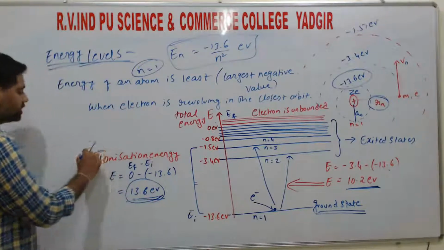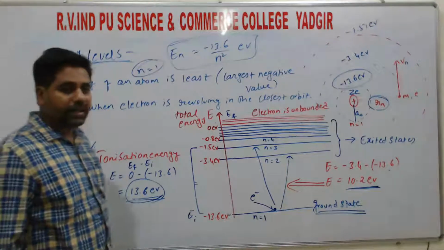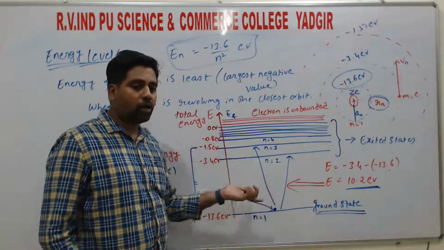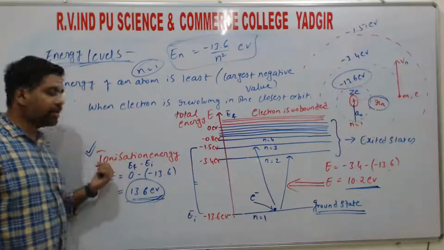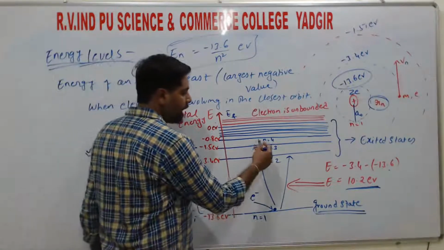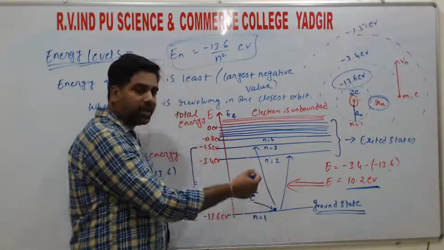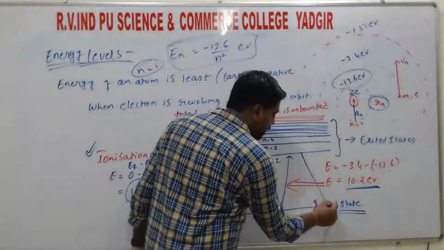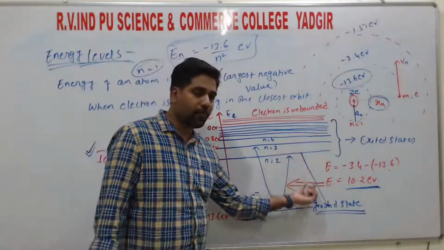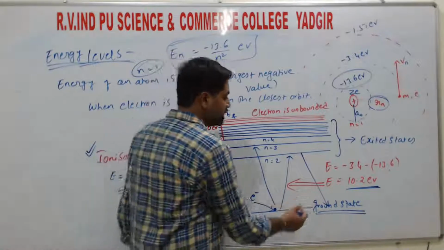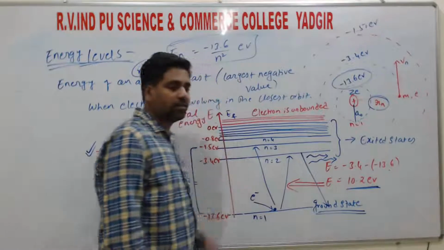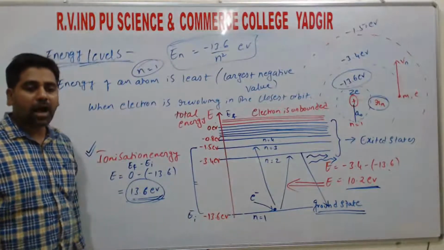So ionization energy is the energy gained to escape out from the atom. That energy we call ionization energy, right? As it jumps to the higher levels, after a certain time it will come back to the ground state. At that time it will emit radiation. This is given by Bohr's third hypothesis.